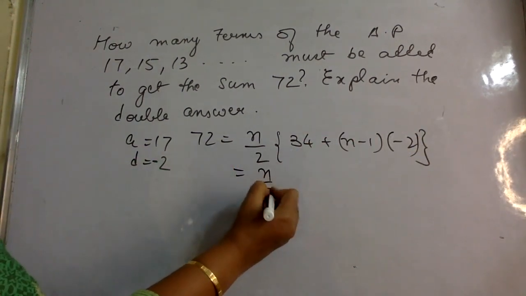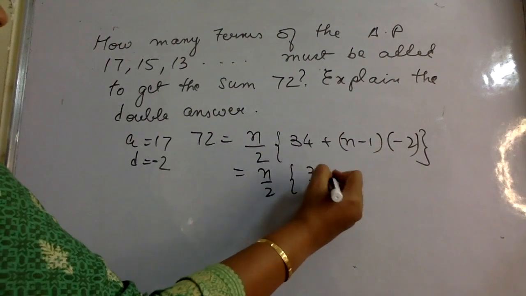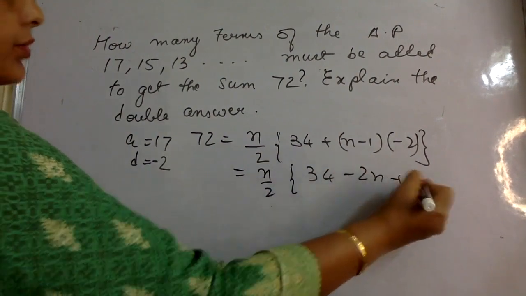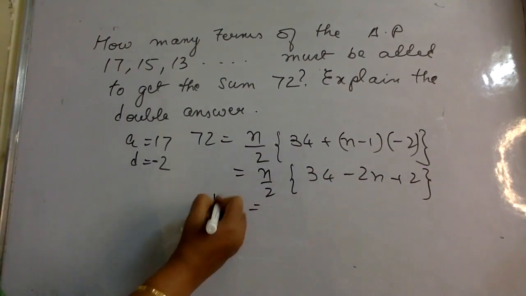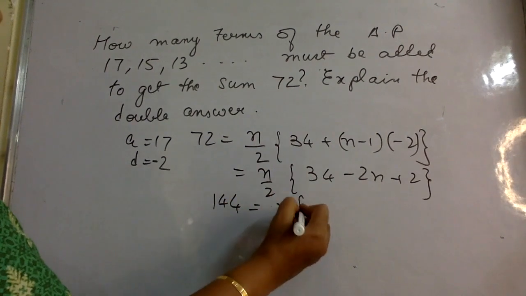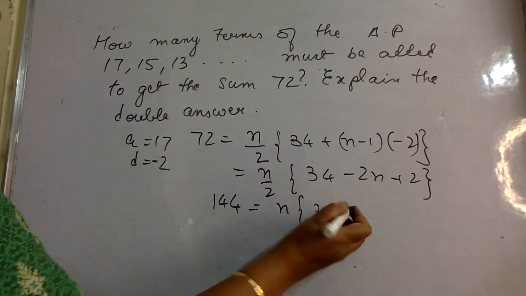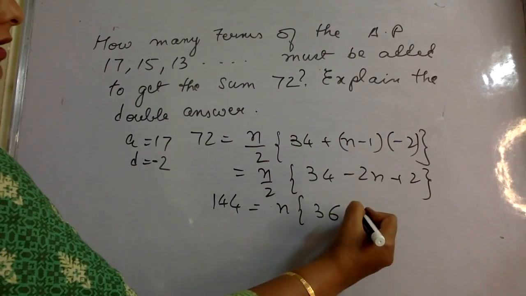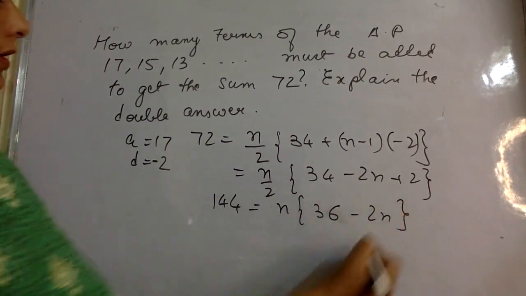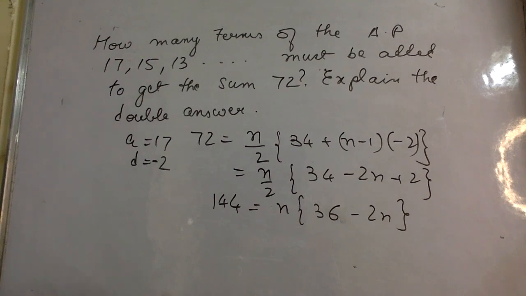So n by 2 times 34 minus 2n plus 2, which gives 144 equals n times (36 minus 2n). Now we can divide throughout by 2.